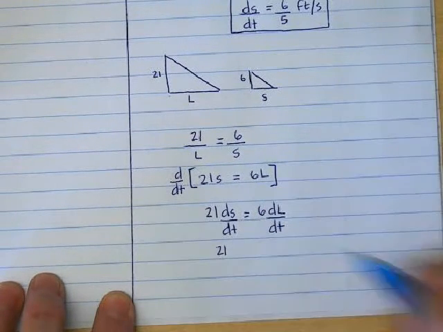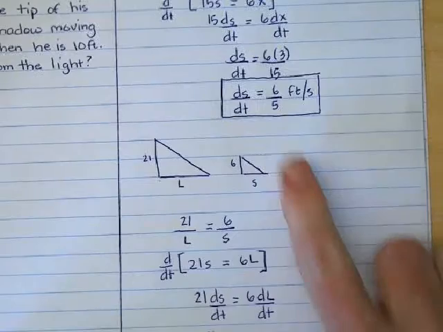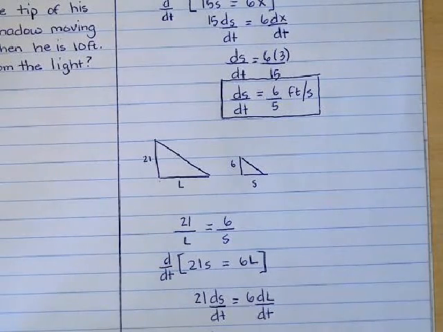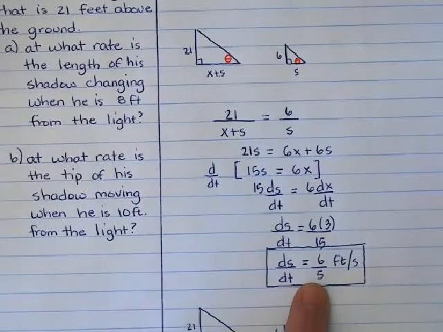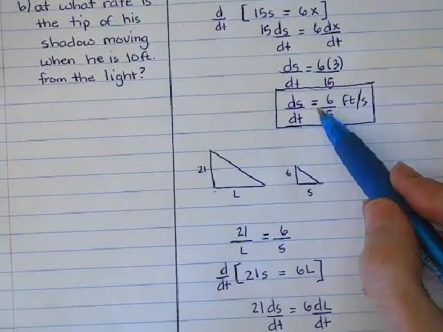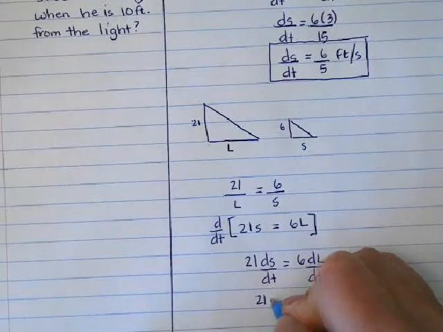We know ds/dt, we already figured that out. And I don't have to recalculate it for 10 feet because the 8 feet had no effect on it. So I'm just going to use that from that problem.